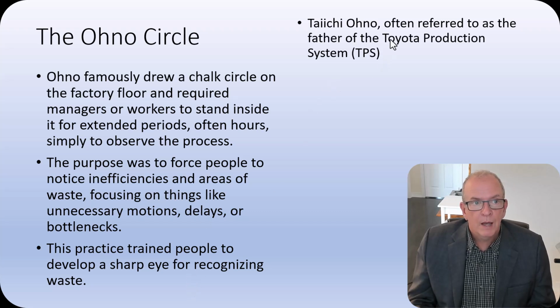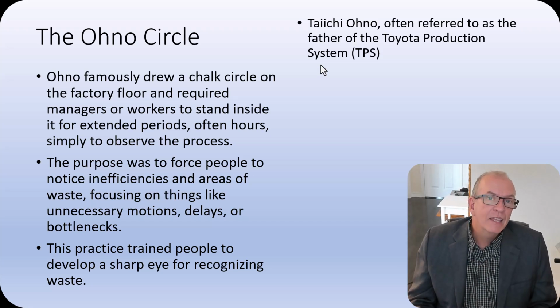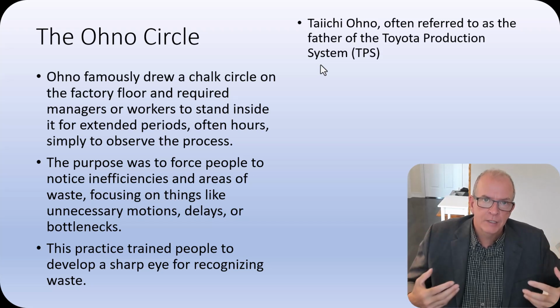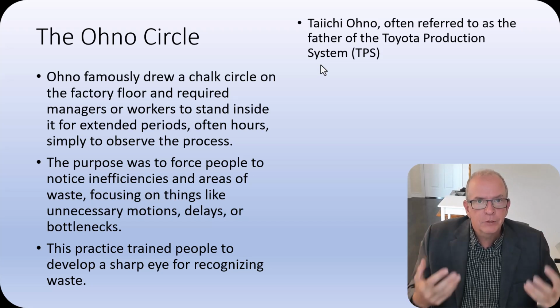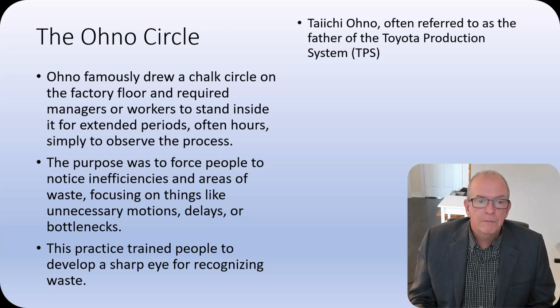I'm putting this as an observation aspect. Taiichi Ohno is basically referred to as the father of the Toyota production system. He used to draw a chalk line in the middle of the manufacturing floor and stand there and watch, or he would encourage different workers to do the same thing, so that you would intuitively see the processes going on, observe them, take them in, and then look for opportunities to improve your productivity.